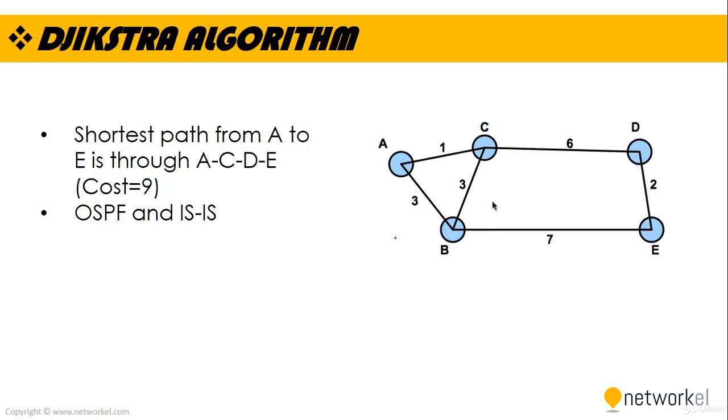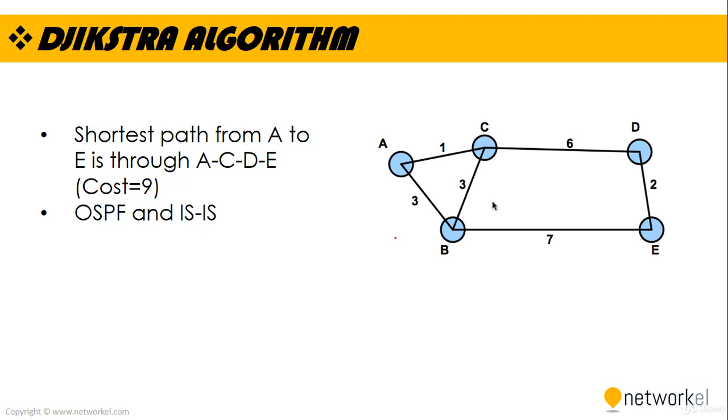Let's go ahead with the Dijkstra algorithm. We have algorithms that we use for link state routing, and one of the most popular is Dijkstra. Dijkstra is an algorithm for finding the shortest paths between nodes in a graph, which may represent, for example, road networks.